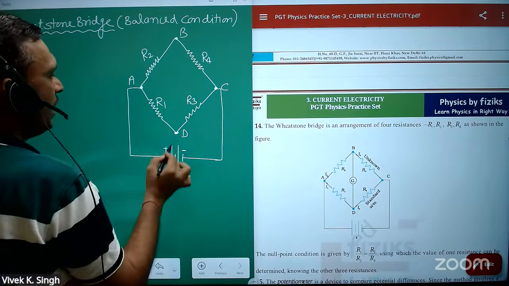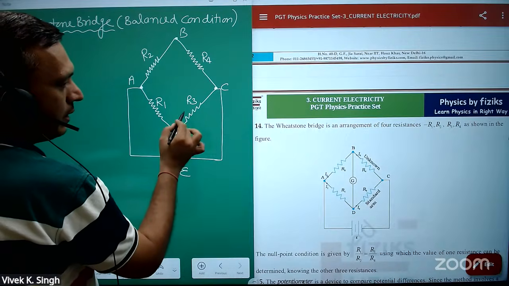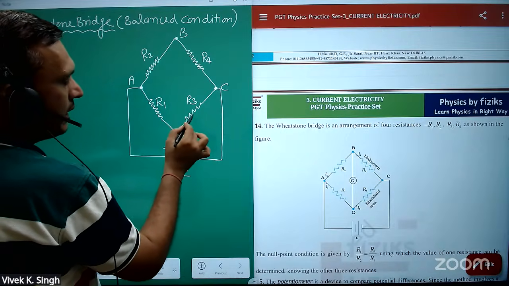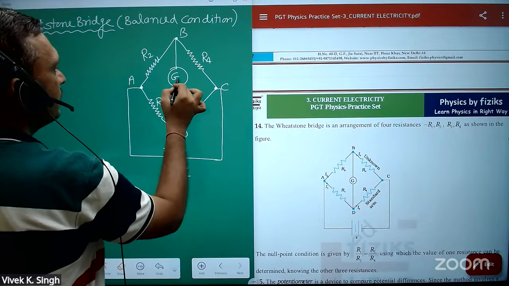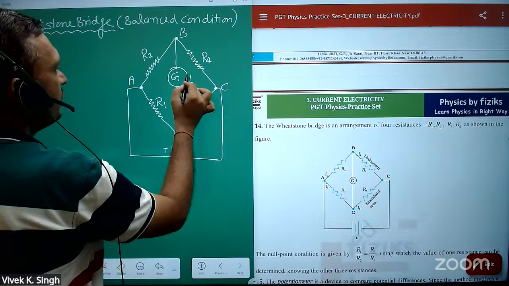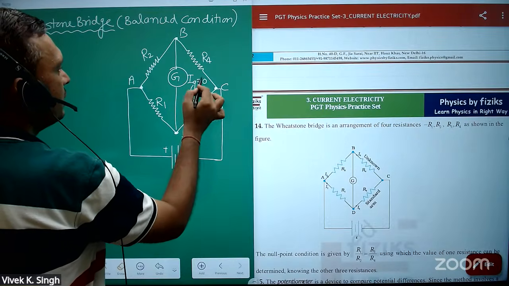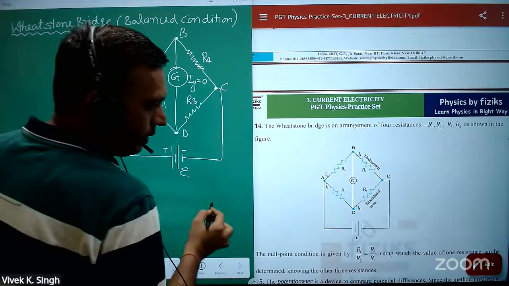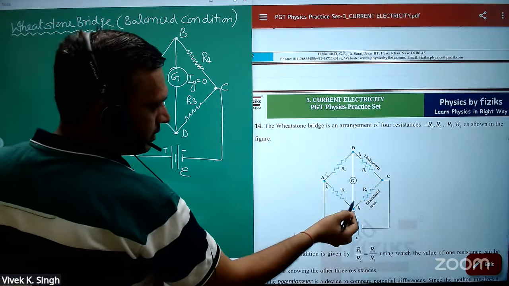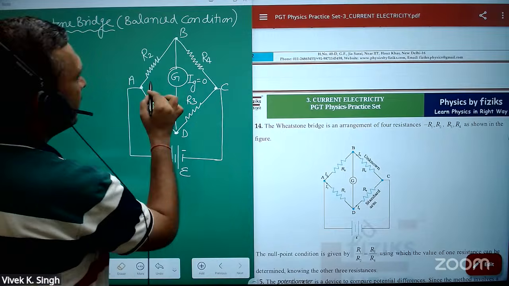So we have to vary the standard R so that this galvanometer current is 0. We have to see this condition when Ig is 0. Let's vary the resistance so that Ig is 0.